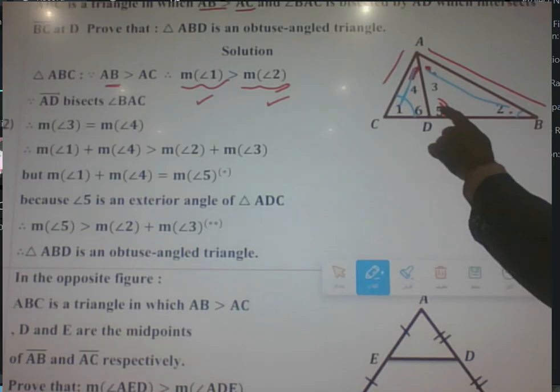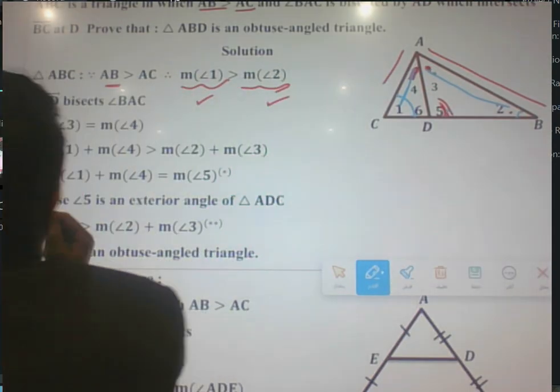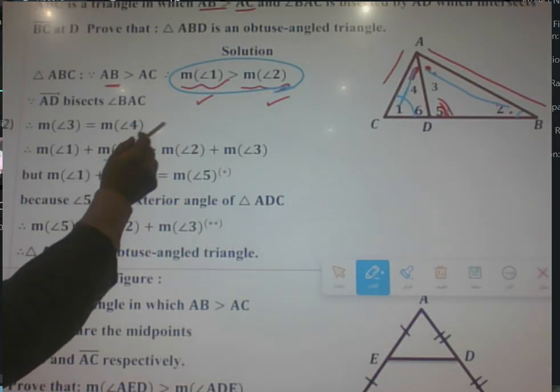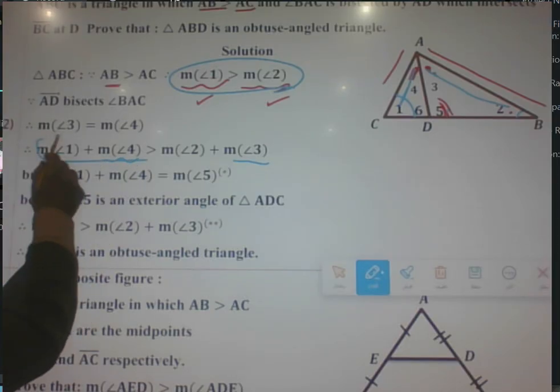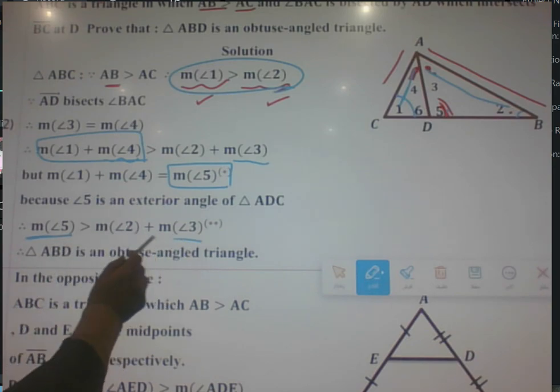And the measure of angle 1 is greater than the measure of angle 2. We can collect together the left hand side, the measure of angle 4 and here the measure of angle 3. Then 1 plus 4 we can cancel and write the measure of angle 5. Then the measure of angle 5 will be greater than the measure of angle 2 plus 3.